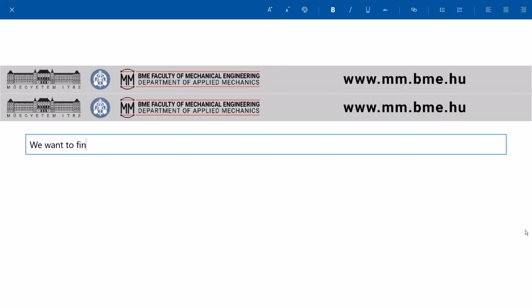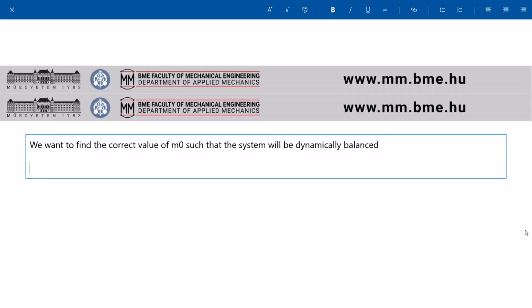We want to find the correct value of m0 such that the system will be dynamically balanced. The first method is the transformation of the angular velocity.